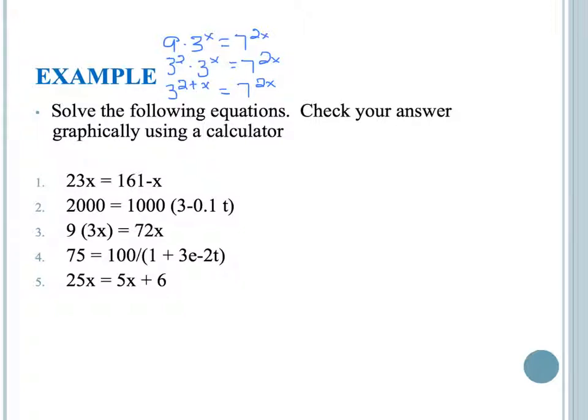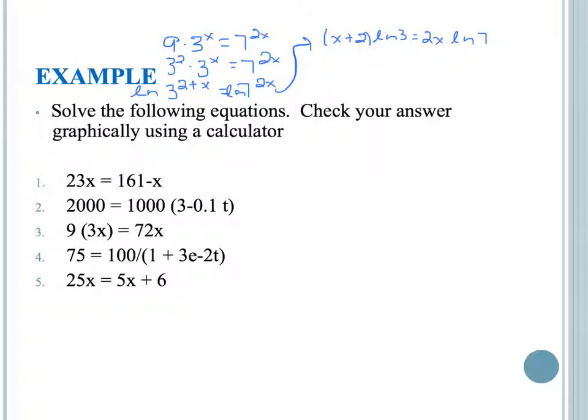And now I have a similar situation to that 7 to the x equals 12. I have completely different bases. I have exponents up high. I need to take the ln of both sides and bring my exponents down in front. So I have x plus 2 ln of 3 equals 2x ln of 7.